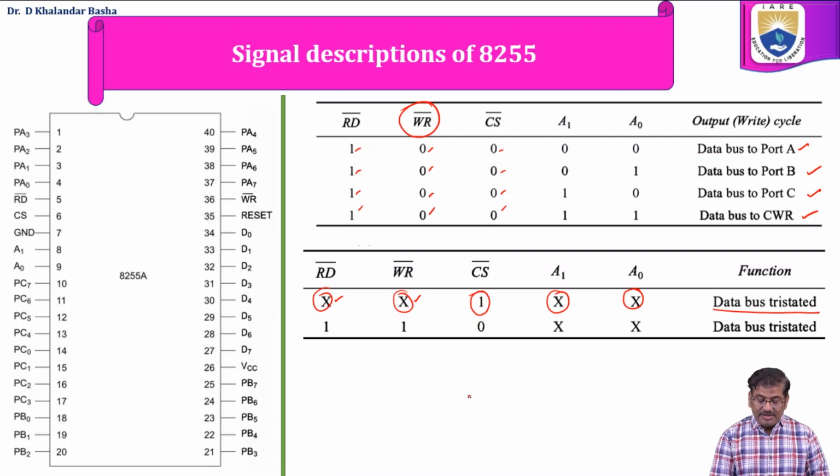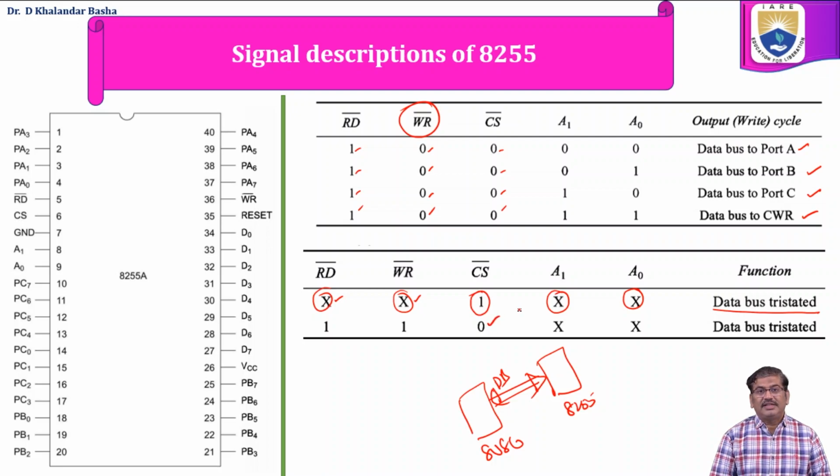What does tri-state mean? From the 8086 processor to 8255, the data bus is connected physically but logically isolated. This is the data bus. So tri-state means the connection physically exists but logically data transfer will not take place.